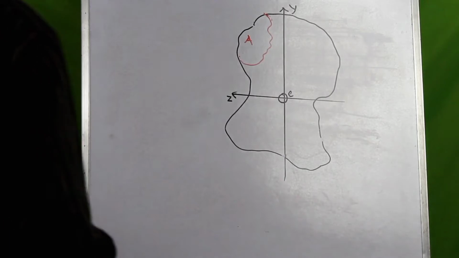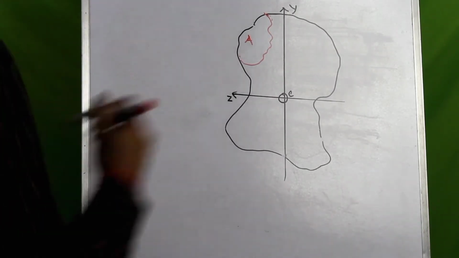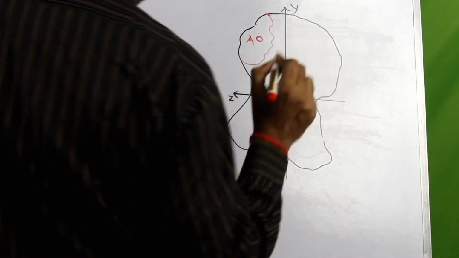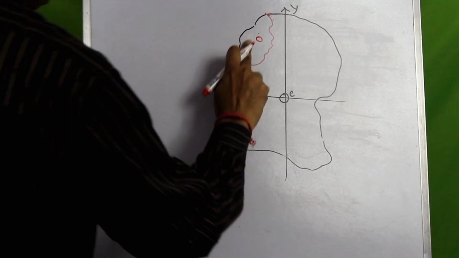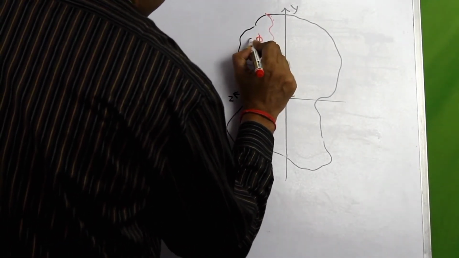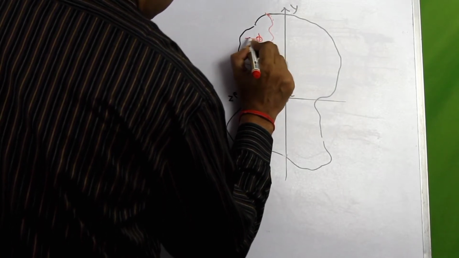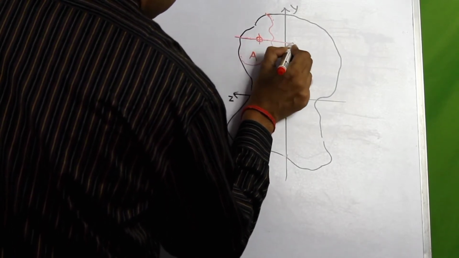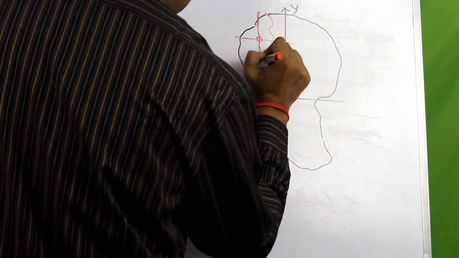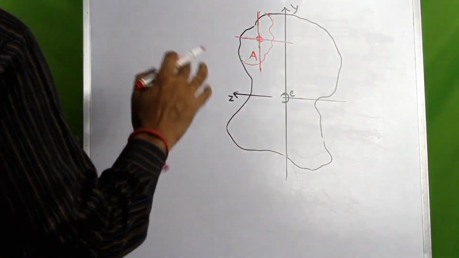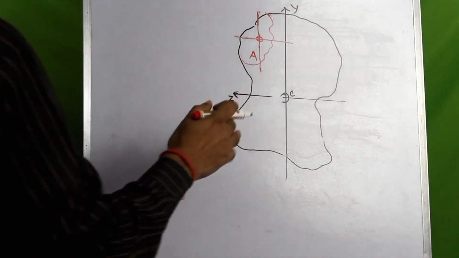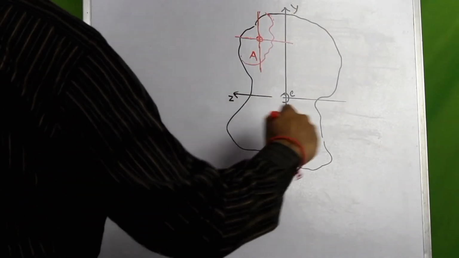Is this clear? I hope so. Now let this be the centroid of the partial area that we have identified, and let these be the centroidal axes of the partial area, which are parallel to the centroidal axis system of the whole cross-sectional area.